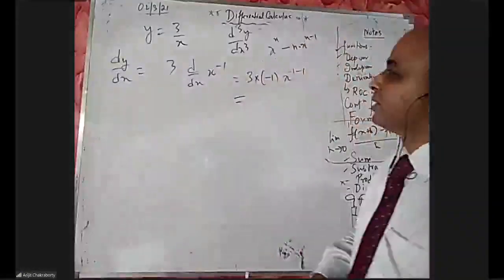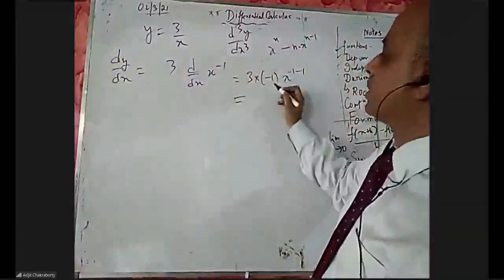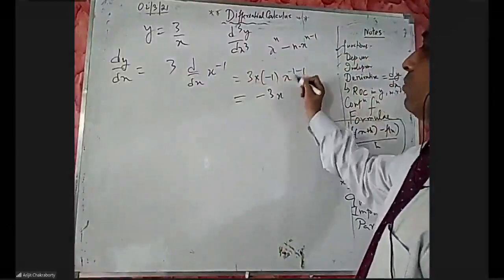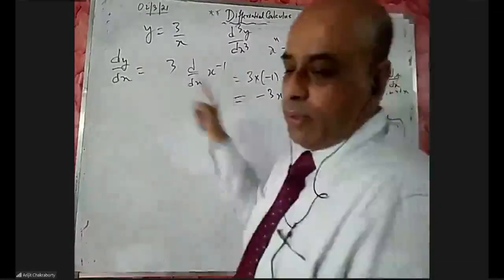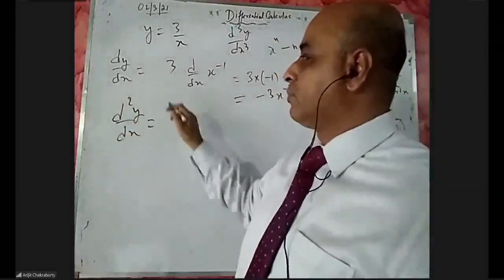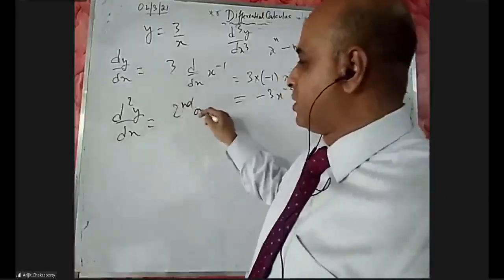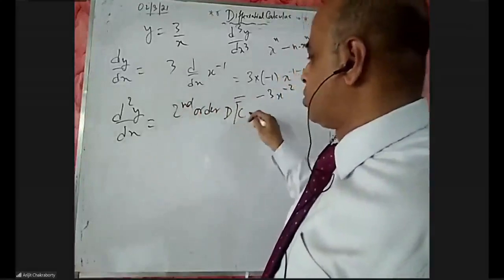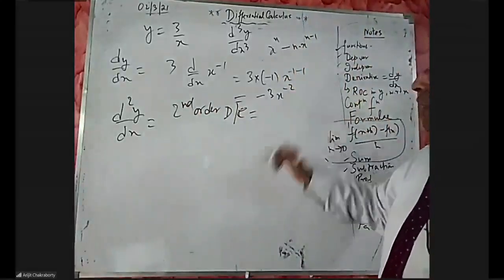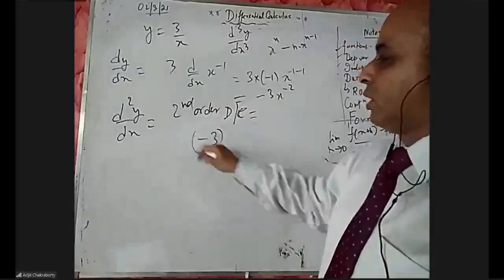So we have to do it. You can see I'm working step by step. So here we have minus 3, minus 1 into 3, x to the power minus 2. So I have got dy by dx. Now I will calculate d square y by dx square, that means the second order differential coefficient. So minus 3x to the power minus 2, minus 3 will go out.